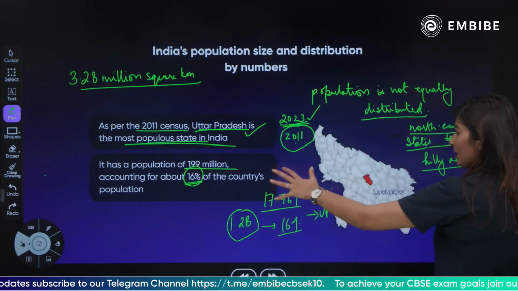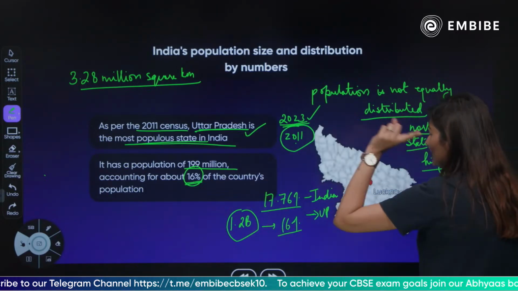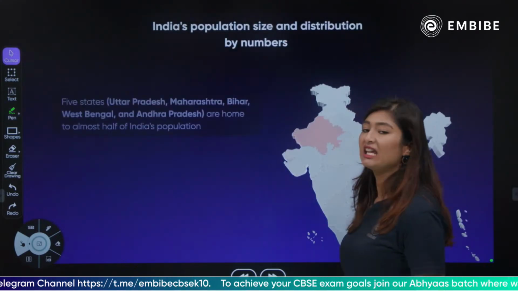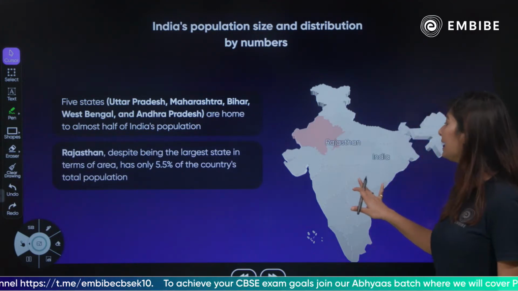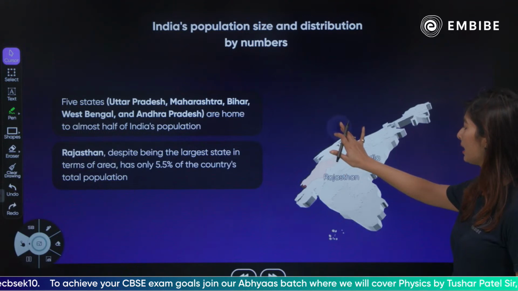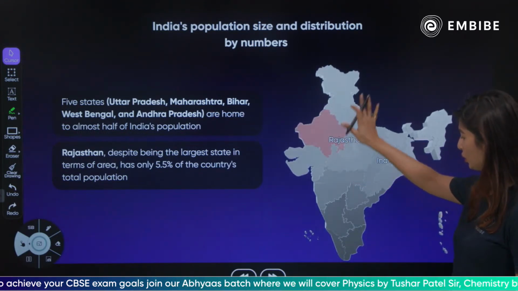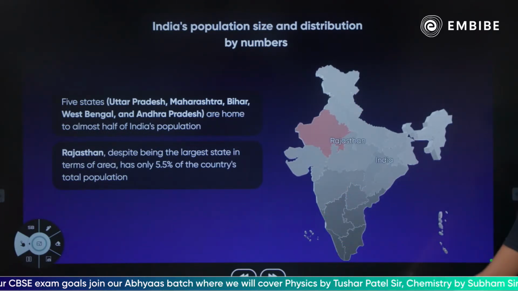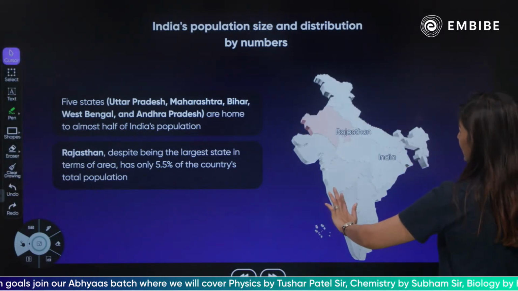So in the population, we see that as per 2011, 16% of India's population was staying in UP alone. अकेले जो है पूरा का पूरा यूपी में, मतलब आप देखो भैया इतना बड़ा देश है हमारा. Our state, our country is so huge. We have Andaman Nicobar, we have Lakshadweep, we have all these places.